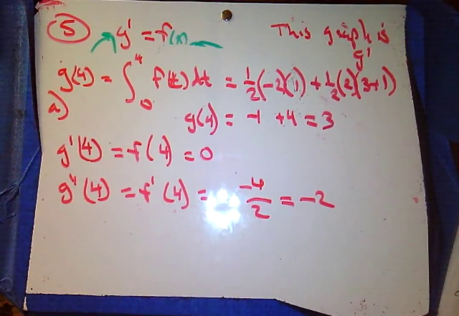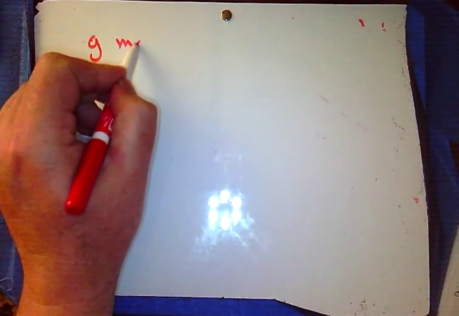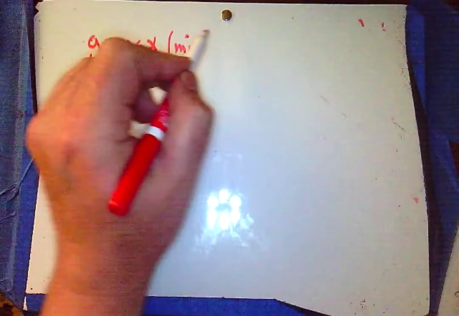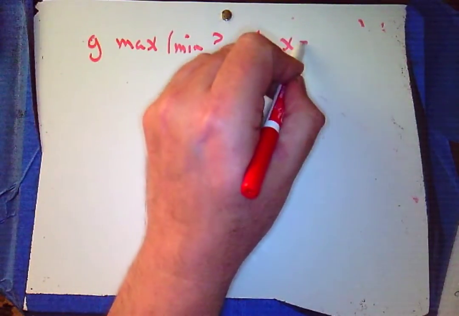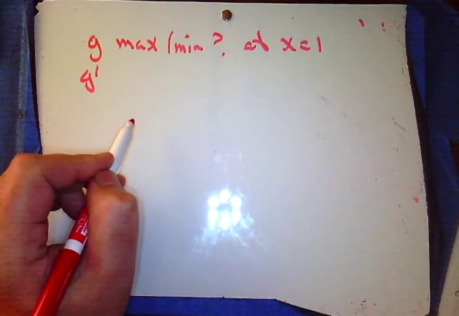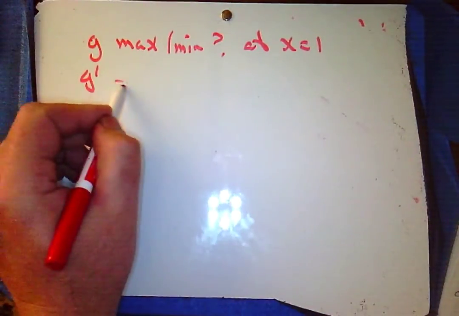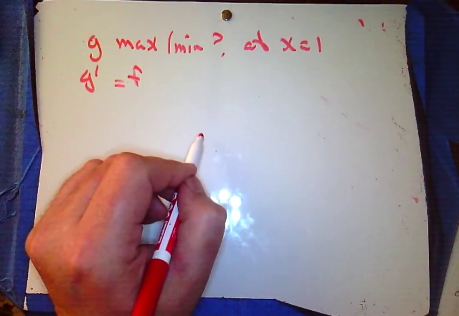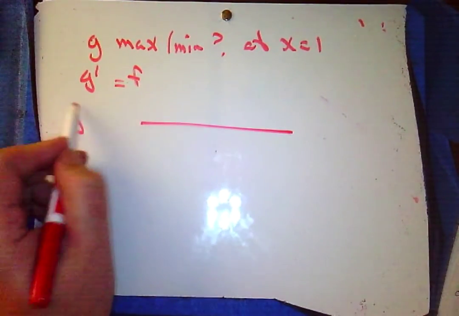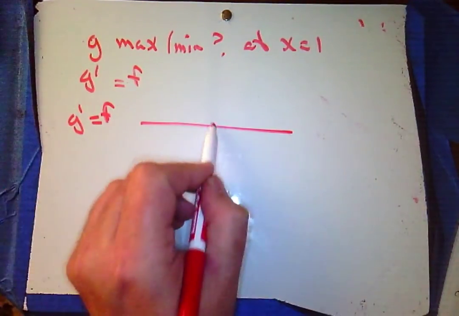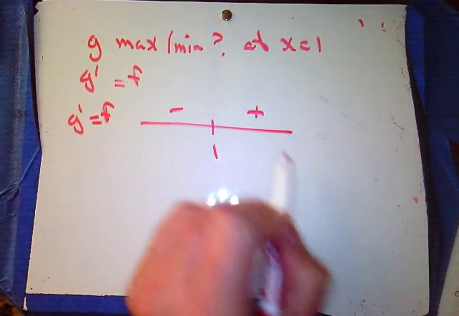And part B says, does g have a relative min or max, or neither, at x equals 1? Okay, so in order to answer the question about g having a max or a min at x equals 1, I want to look at g prime and see what's happening at 1. Well, we know g prime is equal to f, and at 1, f goes from negative to positive.